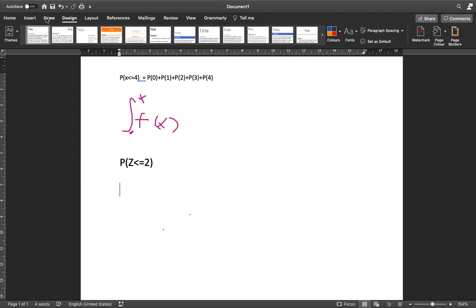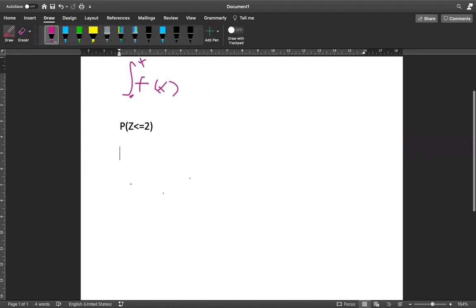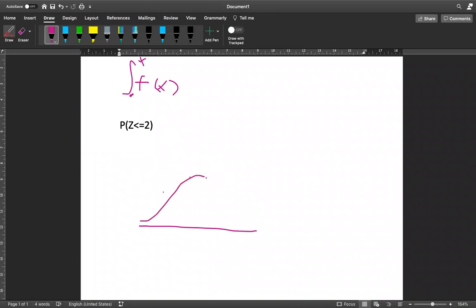So we have this value, we have that. And we already know that for a standard normal distribution, the middle portion is always 0. The mean is 0 and the standard deviation is 1.